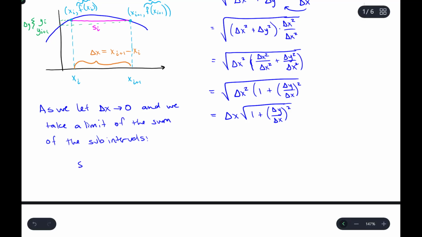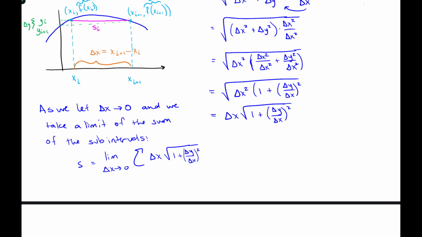So the total arc length, and this would be the exact arc length, is the limit as delta x goes to 0 of the sum of all of these things here. So delta x times the square root of 1 plus delta y over delta x quantity squared. When we take the limit of a sum with respect to some variable delta x, you might recall this as the basic definition of an integral, and it is.